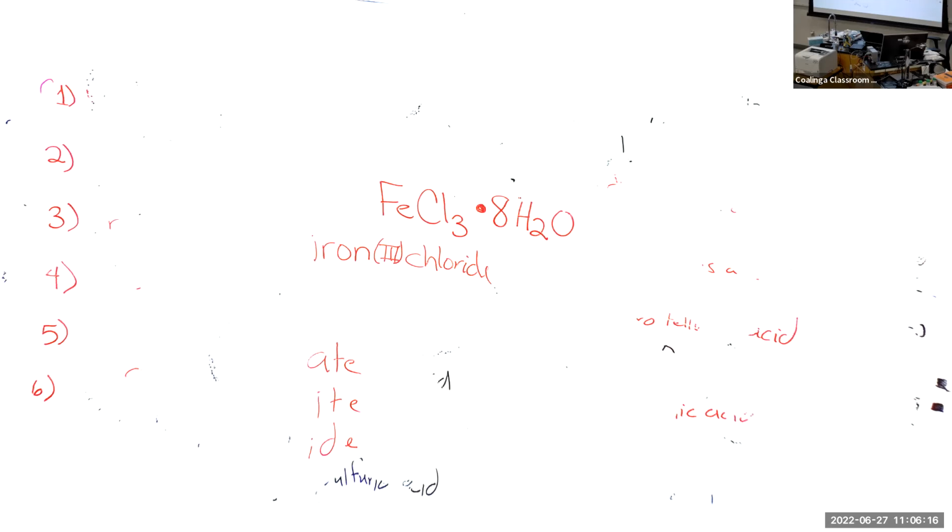You guys know your Greek prefixes? No. Let me tell you this now. So 1 is mono, 2 is di, 3 is tri, 4 is tetra, 5 is penta, 6 is hexa, 7 is hepta, 8 is octa.